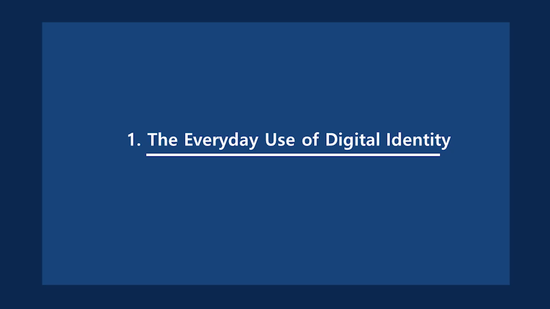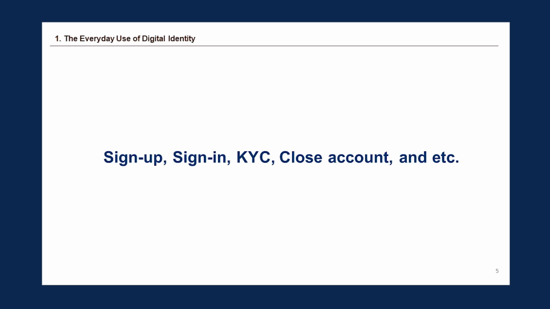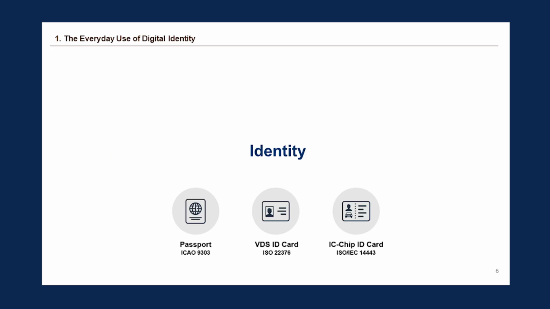Let's start with the rosy picture. We are expecting digital identity to be a good tool for everyday usage. It is very versatile, so it can be used for sign up, sign in, KYC, or closing an account. It started from the physical ID, like the passport, an IC chip based driver's license, or a QR code containing content signed by PKI.